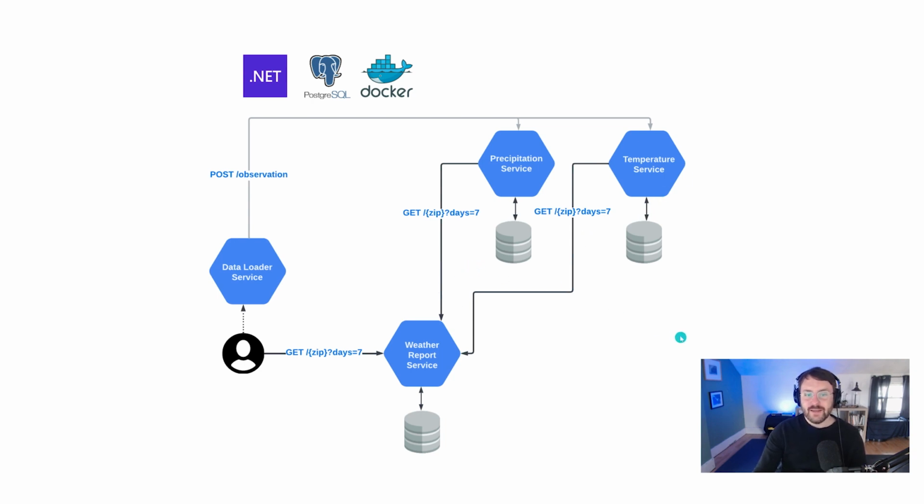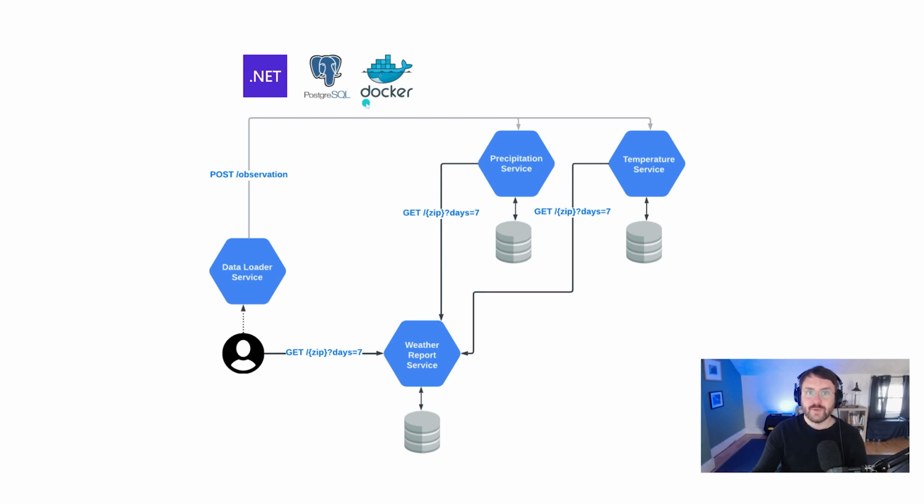Okay, so that's a high-level diagram here. As mentioned, the services will be developed in .NET 6. We'll be using a Postgres database as a backing database for each of our services. We'll only need to spin up one database server, and we'll look at how to create separate Postgres databases on that single server, both locally, orchestrated using Docker Compose, and then RDS when we're talking about deploying into AWS.